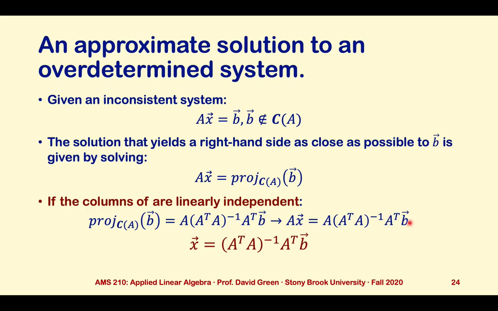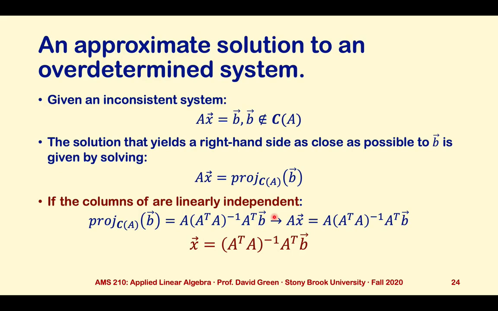times A transpose b. We see on both sides of this equation we have an A, and especially again because we have linearly independent columns, this means that the null space of A is 0. This system has a unique solution, which means that unique solution can be found simply by canceling out these A's on either side. x equals (A transpose A) inverse, multiplied by A transpose b.